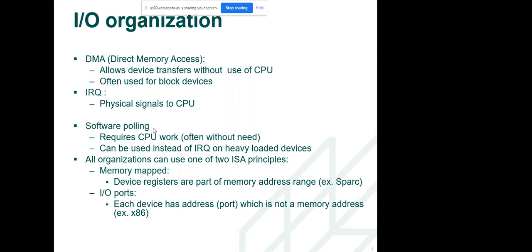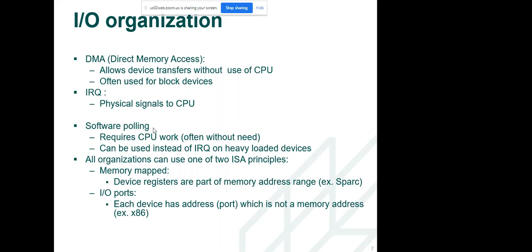Like sometimes you transfer, let's say a file is on your hard disk, and you are transferring it to your pen drive. Sometimes you don't need to use the CPU, you can transfer it directly. So that is software polling.